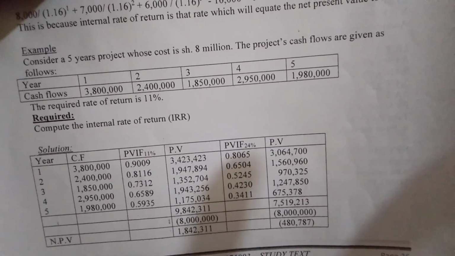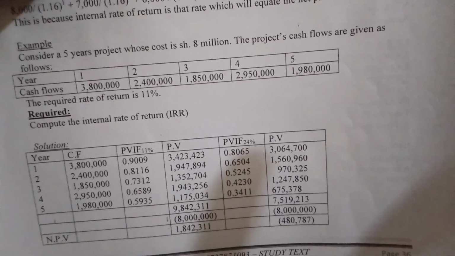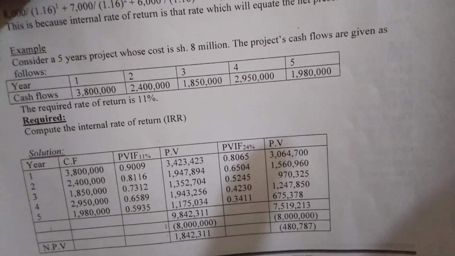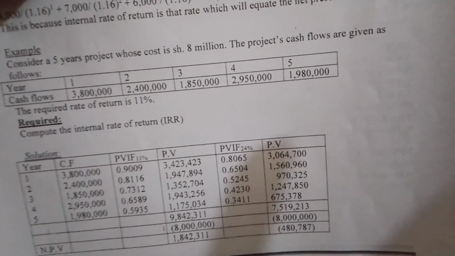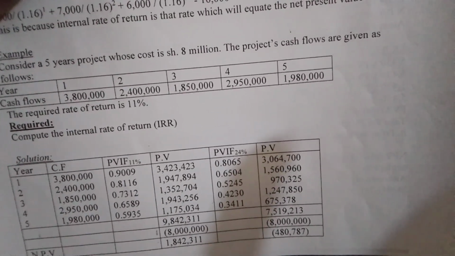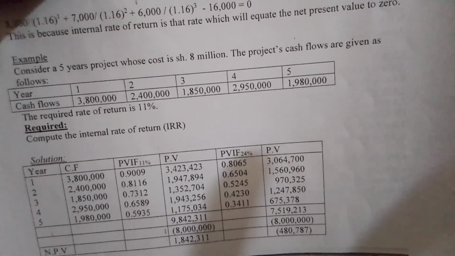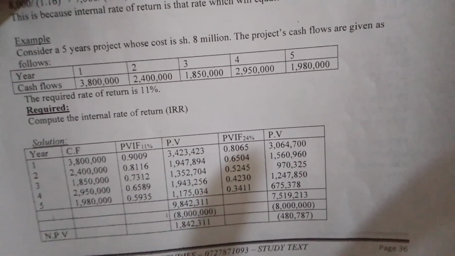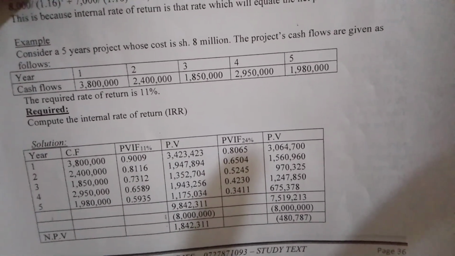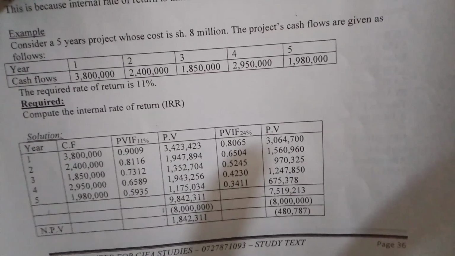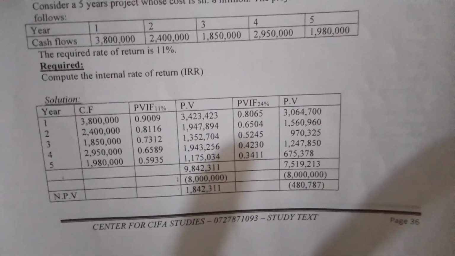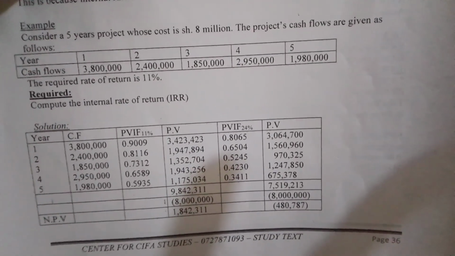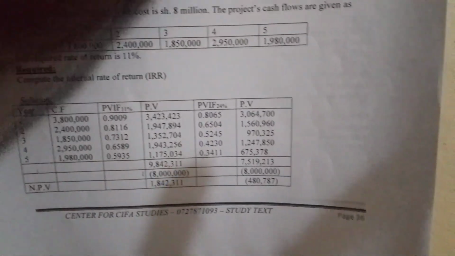So 11% is giving us 9,842,311. Since 11% is giving you a positive NPV of 1,842,311, if you try 24%, that gives you a negative 48,787.